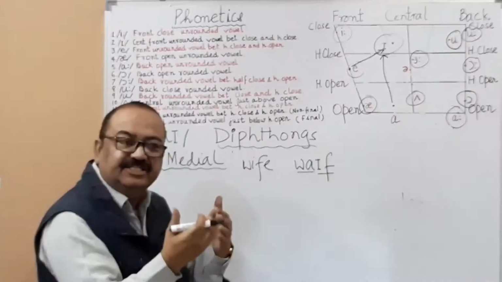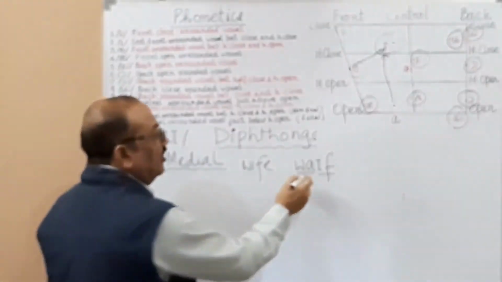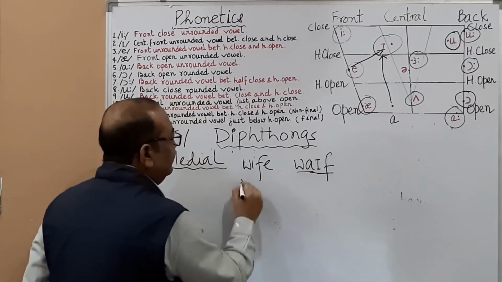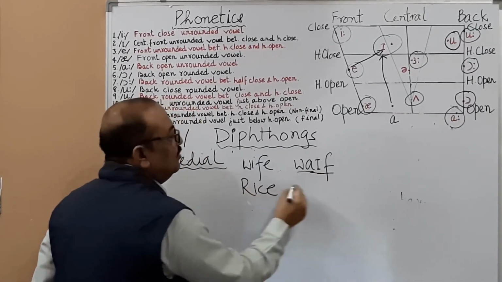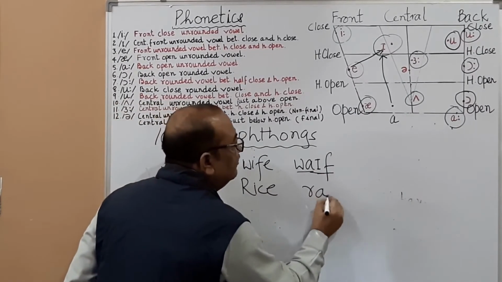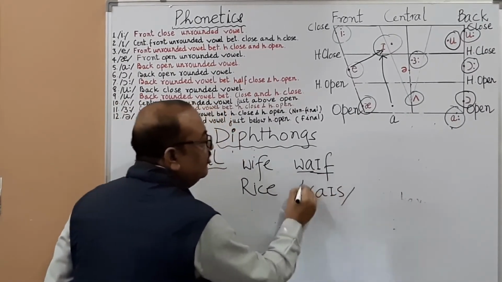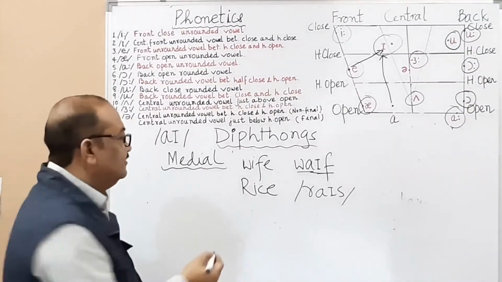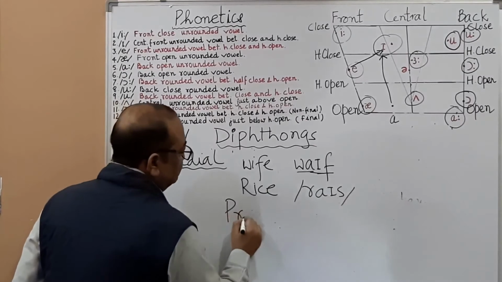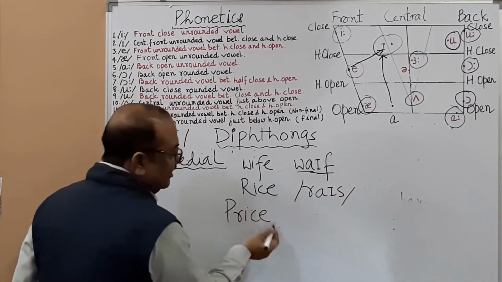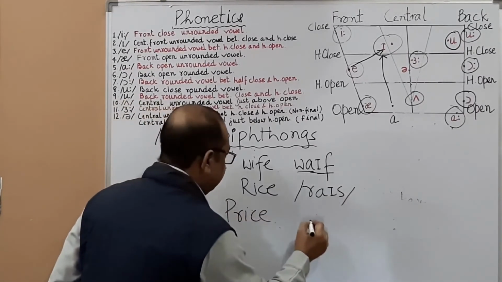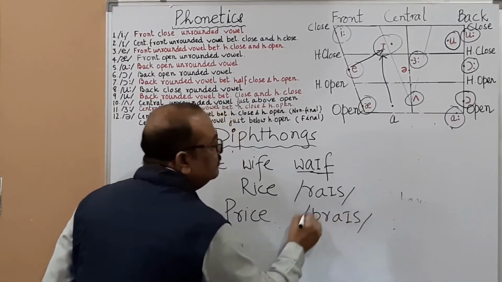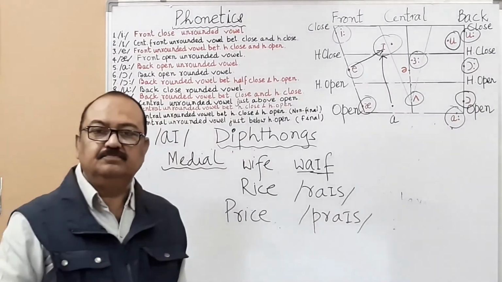This is such a great change. You write like this, but you pronounce it like this. Rice, and price. This is how you write price.